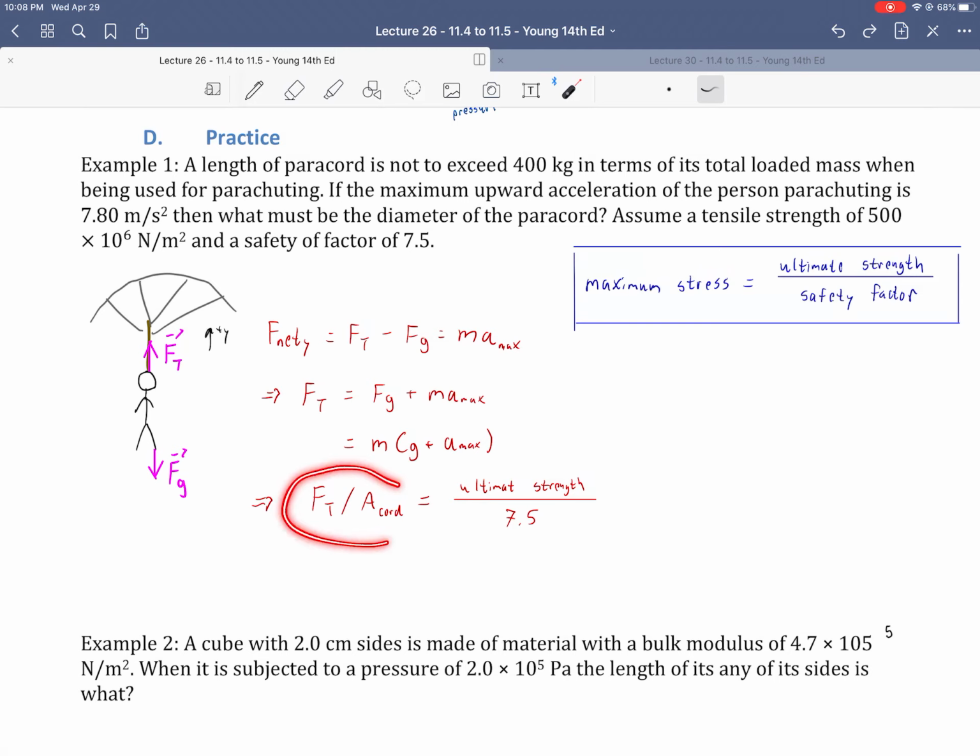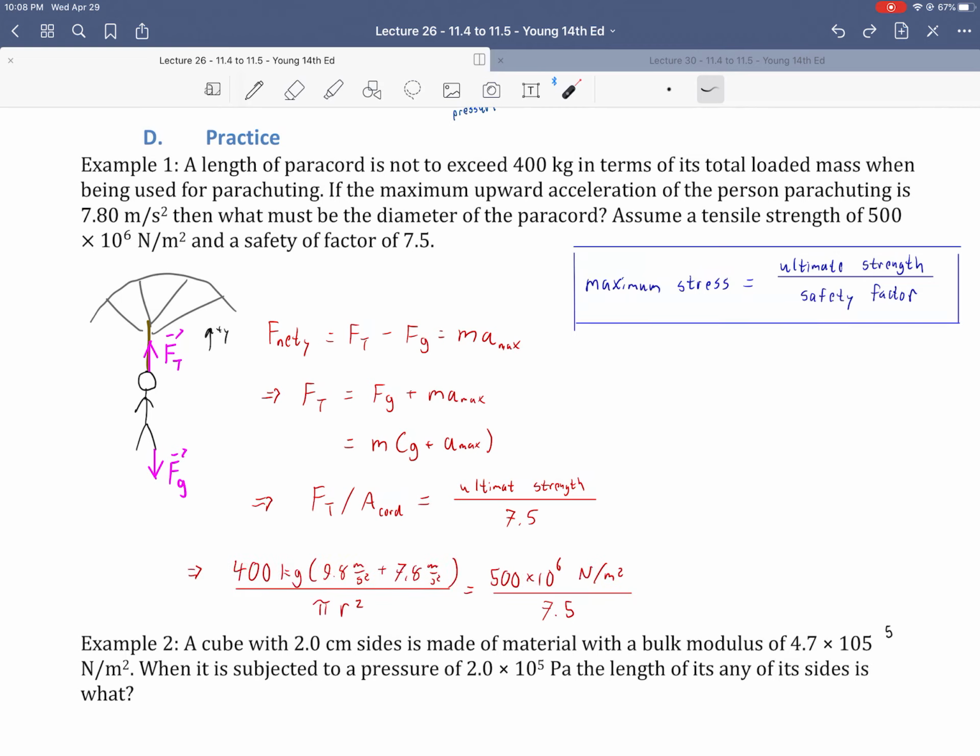So we're going to take that force and divide it by the cross-sectional area of the cord. Okay, so right here, this has the units of stress, and we're going to relate that maximum stress to the ultimate strength, which also has units of stress, or newtons per square meter, divided by the coefficient of the safety factor.